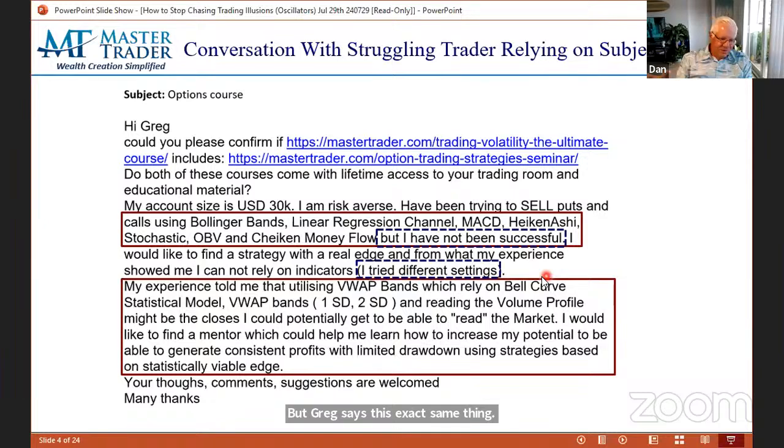And so I start tweaking the buttons under the hood, because these people wanted to sell you a bag of tricks, the magic sauce, the cartoon of the secret, and then you say, oh, well, I must have done something wrong. You can read this, I'm not going to read it to you, but I want to be able to read the market. I want a mentor that's going to help me do this, manage risk.